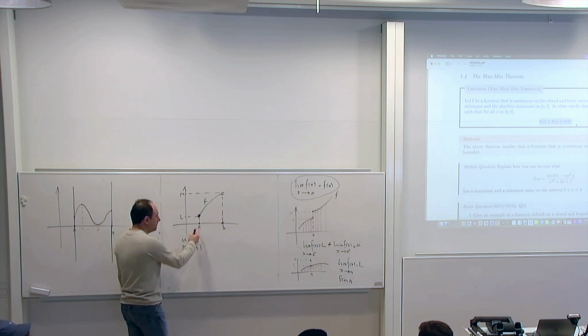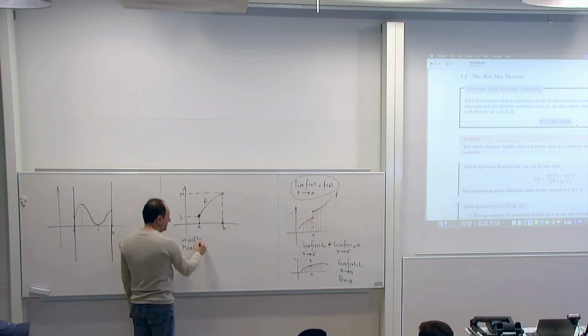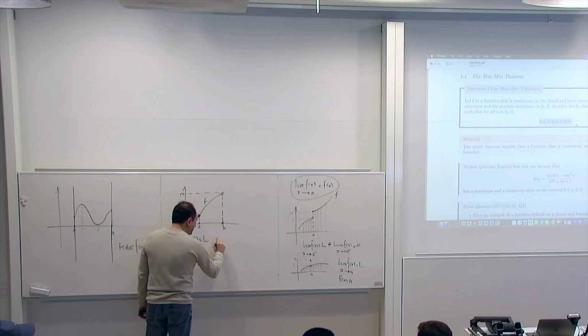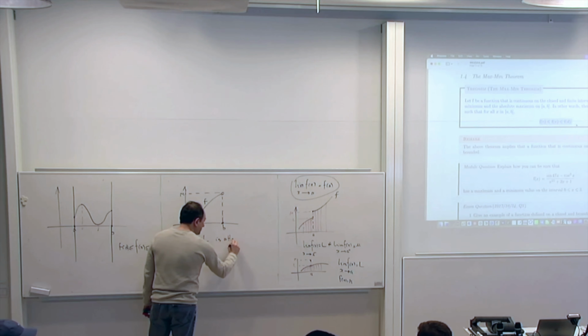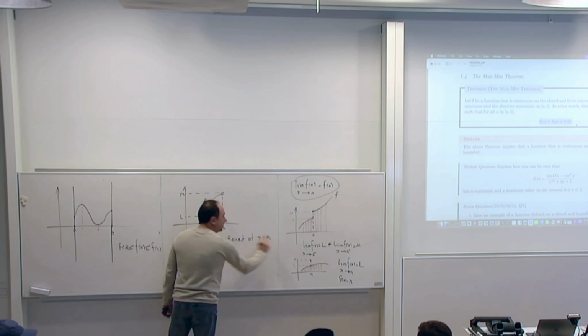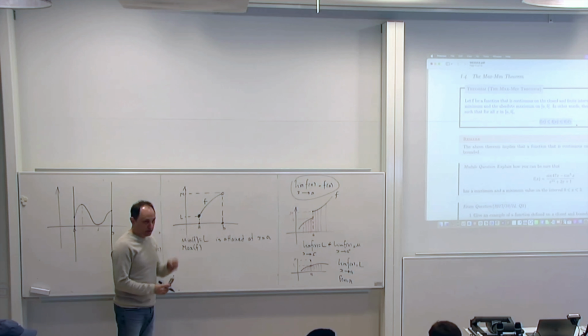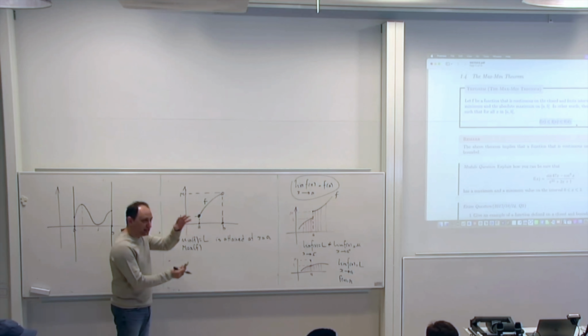So the lowest value means the lowest height. The lowest height is L, but it is attained or assumed at x equals A. So in principle, A is the minimizer, L is the minimum. Is that correct?